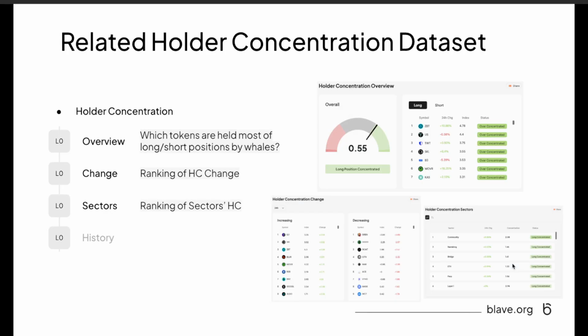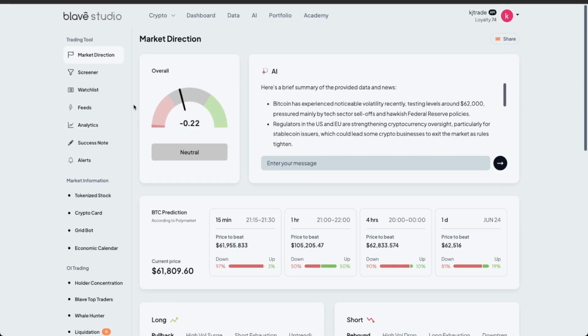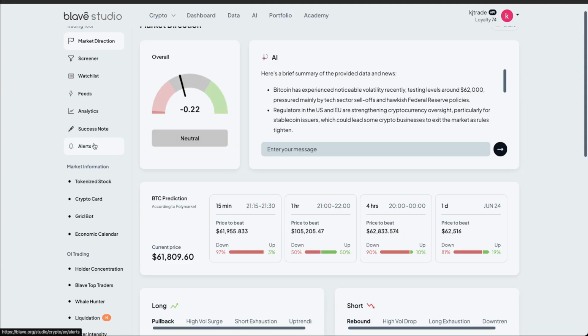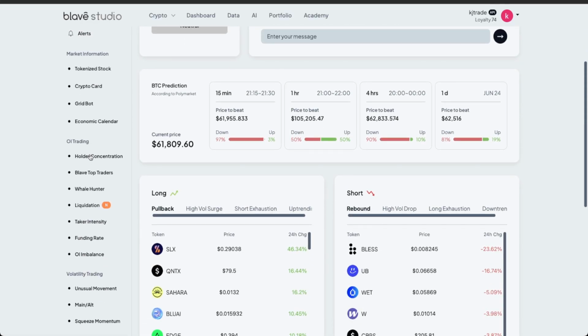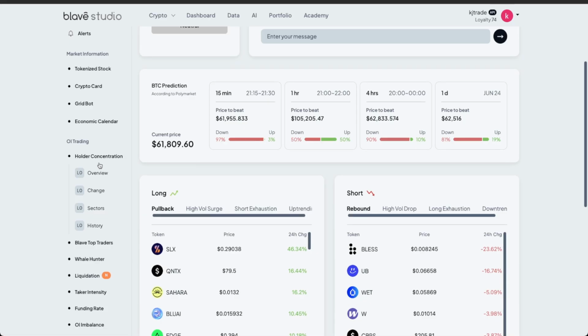Besides the holder concentration history, we have four other pages you can utilize. The overview tells you which tokens are held most in long positions by whales, the change page is a ranking of holder concentration change, and the status page is a ranking of status holder concentration. When you go to Blave Studio and the data page and scroll down, you can see the holder concentration dataset page here.